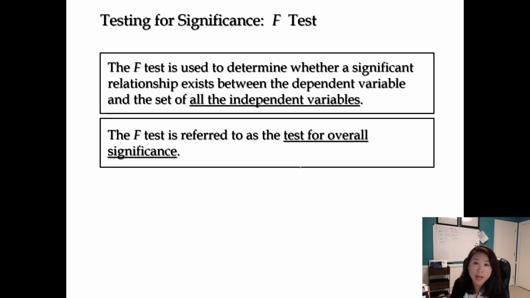The goal of the F-test is to consider all the x variables together, thinking of all the x variables as a group. We try to see if the y variable has a significant relationship with this group. We are not trying to identify which x variable works.